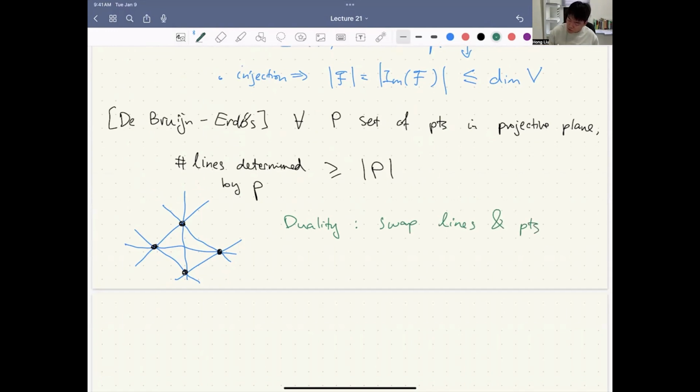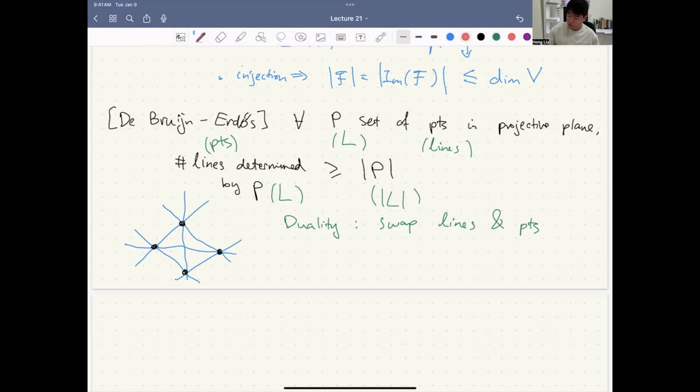So this statement is also true, saying if you have a set of lines L in some projective plane, then the number of points determined by L is at least the cardinality of L. The same thing holds. All right.